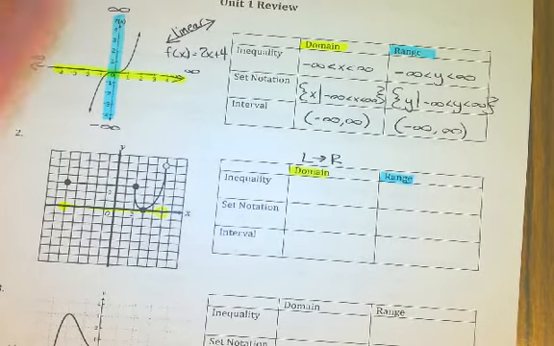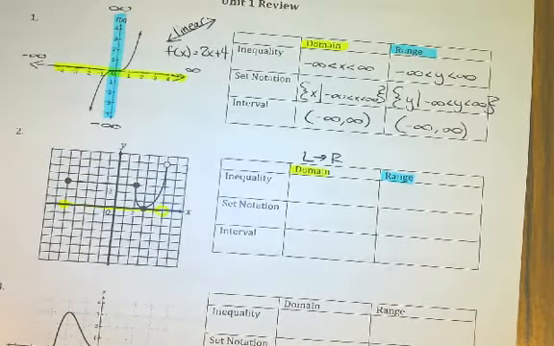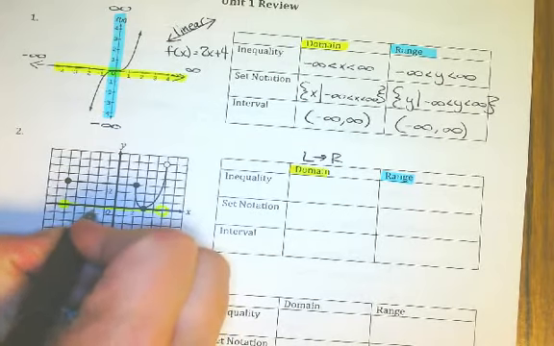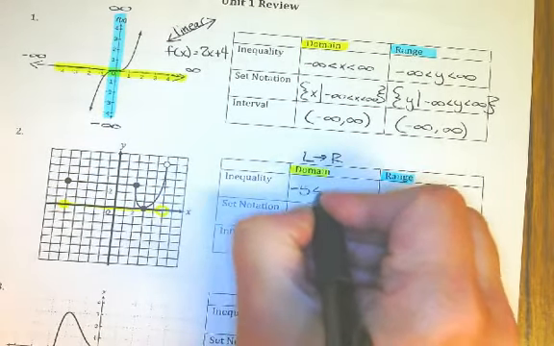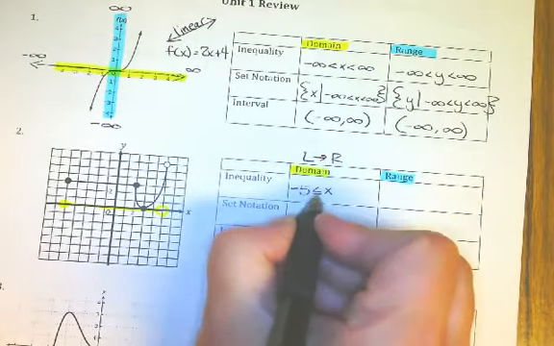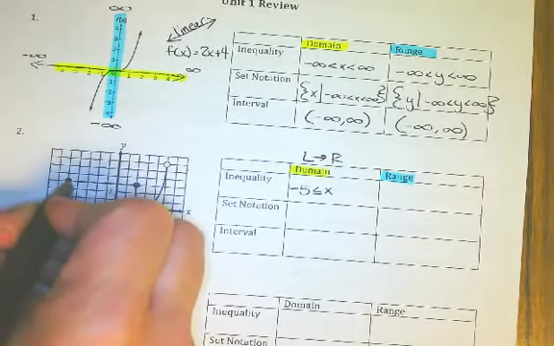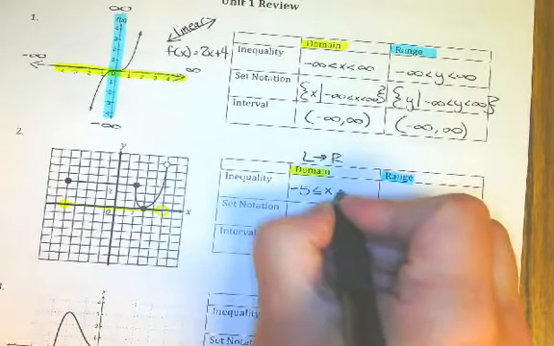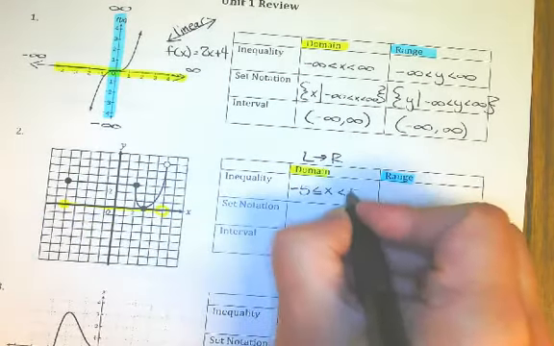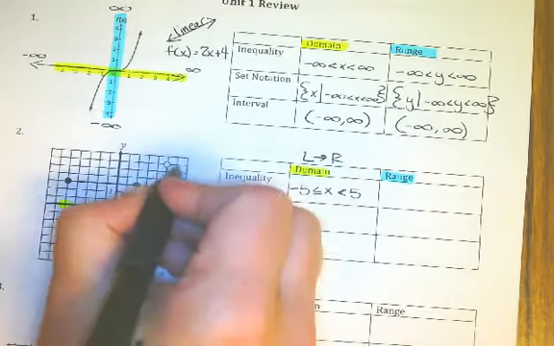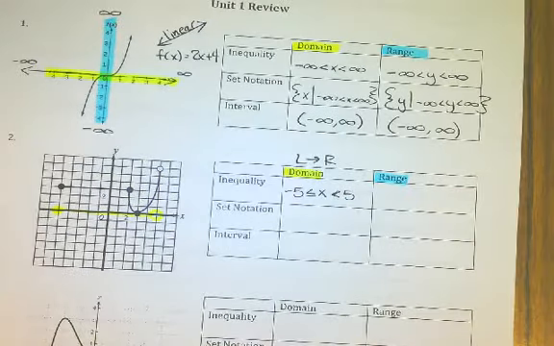If I write that as an inequality, this goes out to negative 1, negative 2, negative 3, negative 4, negative 5. So negative 5 is less than or equal to x. I'm using the less than or equal to because of that closed dot there, which is less than 2, 3, 4, 5. And I'm using just the less than there because of the open dot.